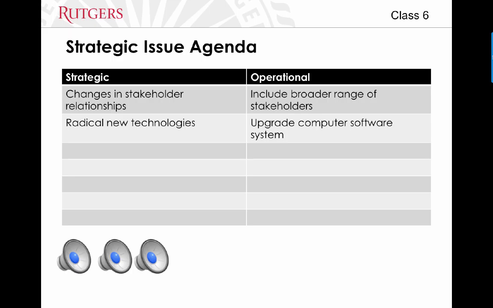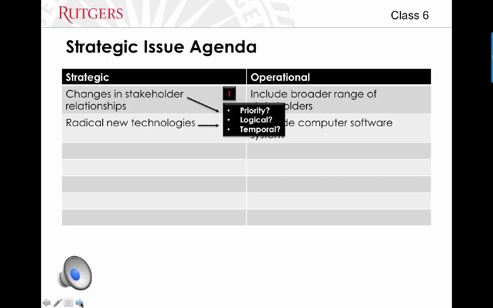Rather, this would be an operational issue. Once we've determined whether the issue is strategic or operational, we can then prioritize whether the issue needs to be addressed now or whether we can wait and address the issue at a later point in time.